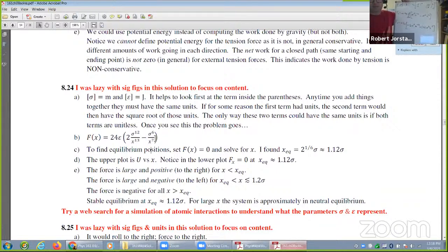Let's think about this force equation really quick, right? Let me just write that so I don't waste time. And I want you to think about which term should dominate when x is small. Which term should dominate when x is small? I'm going to get the equation written up and we'll discuss in a second. So think to yourself.